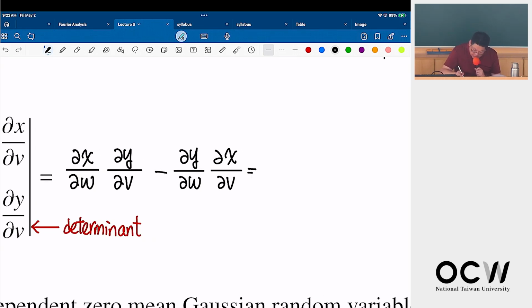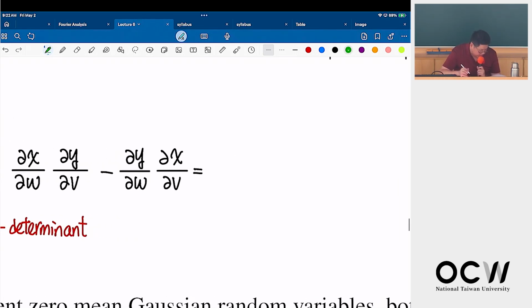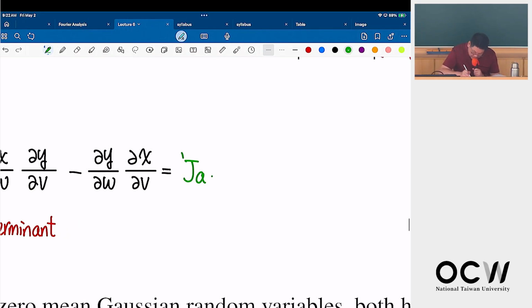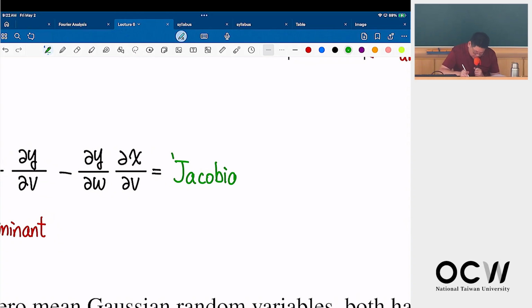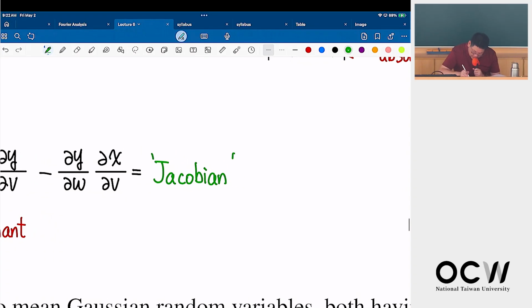And this is called the Jacobian of the transformation.